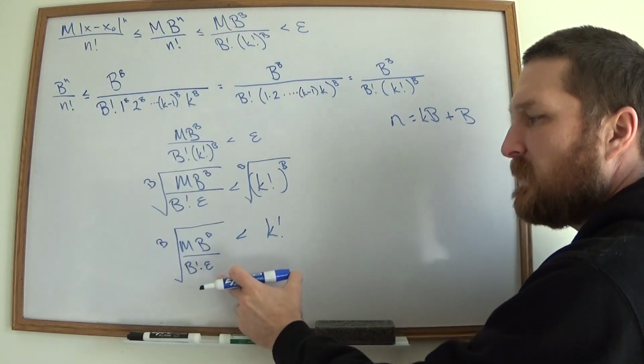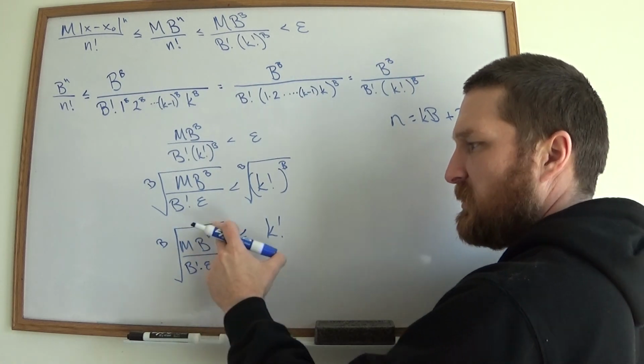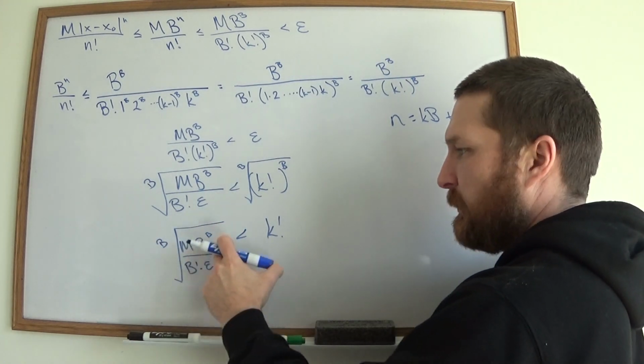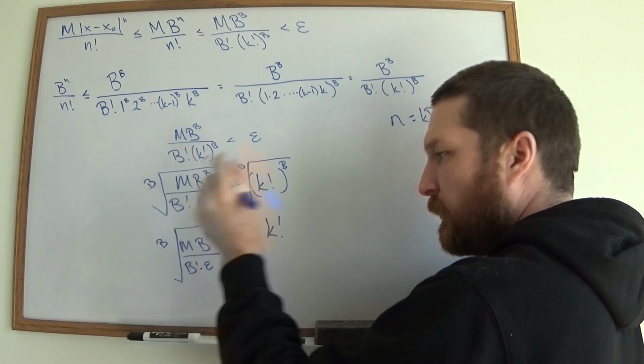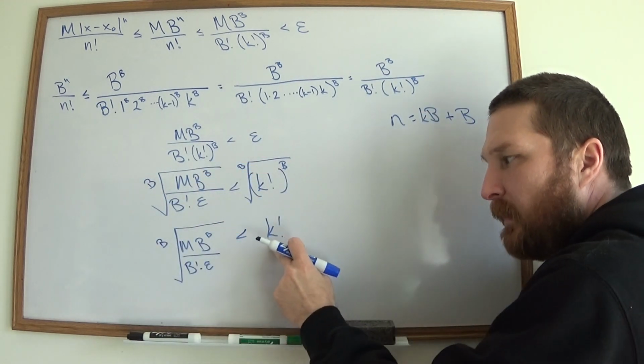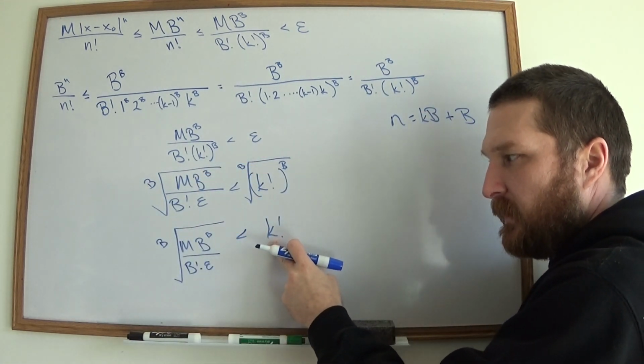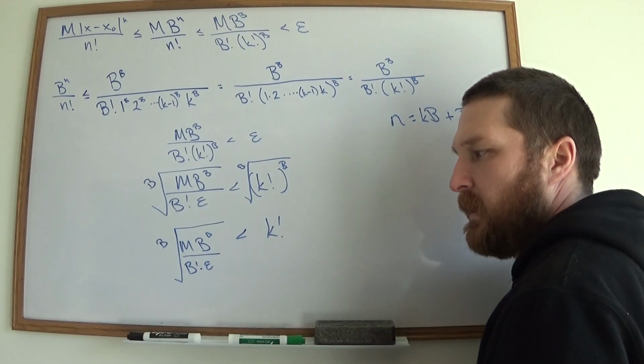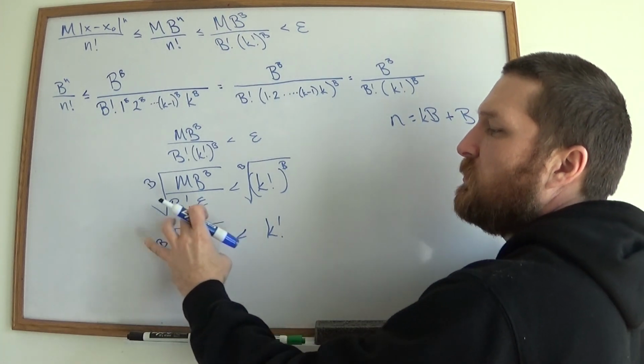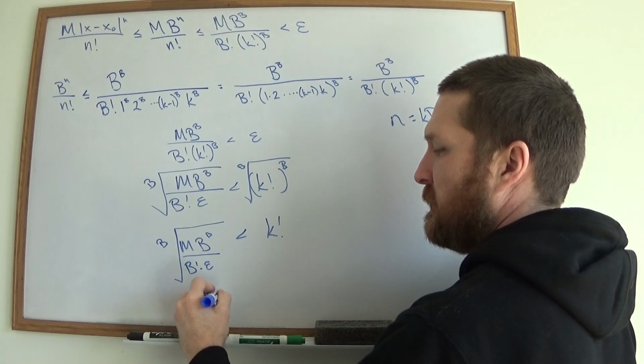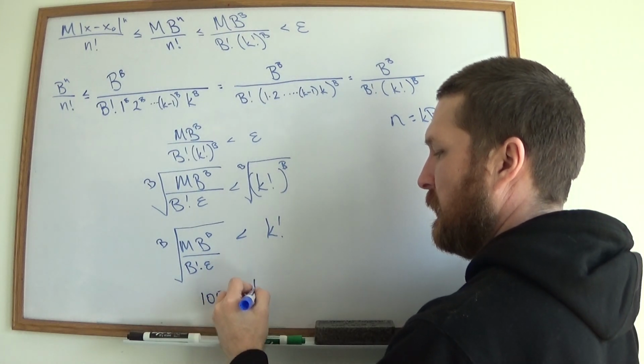Then, given any tolerance, you just take each one of those numbers, plug it in, take the bth root of it, and then all we need to do is say, well, can I find a k that's bigger than that? So for instance, let's say that you do this calculation and out pops 100, okay?